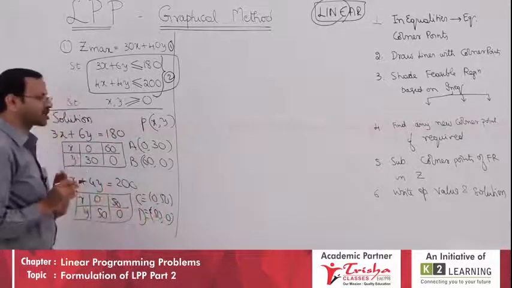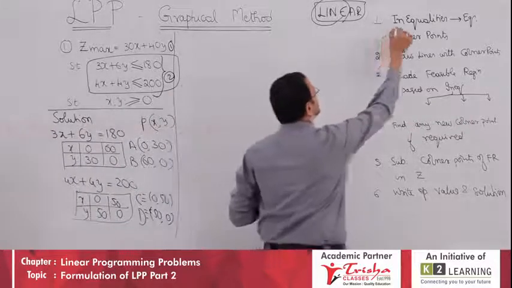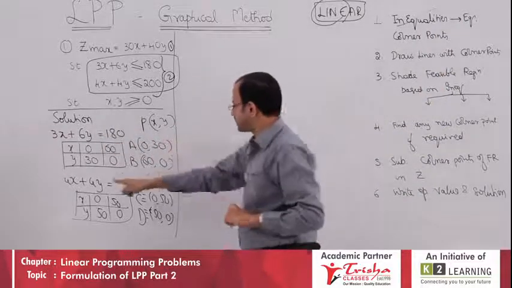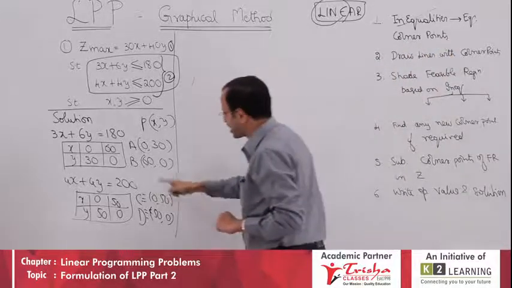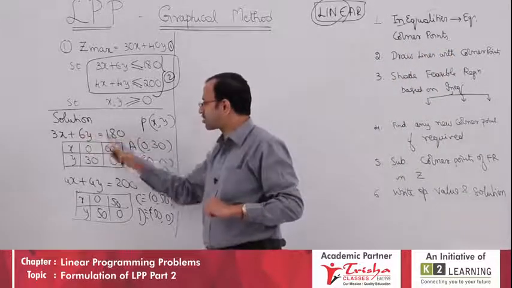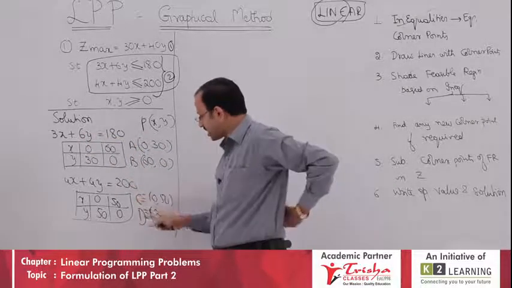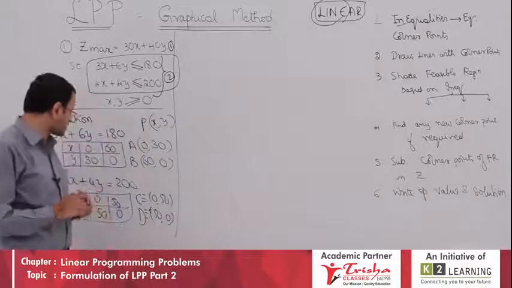We have the corner points. First step, we consider the inequalities as equalities. AB are the corner points to draw the line 3x plus 6y equals 180. Same way C and D are the corner points to find out 4x plus 4y equals 200.